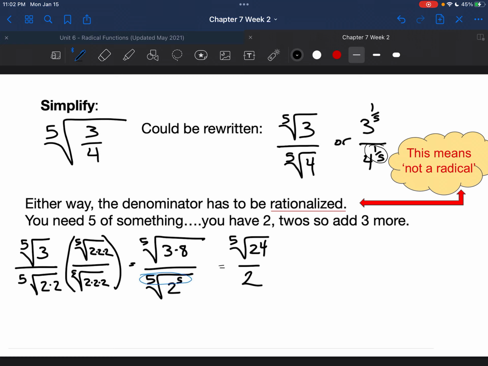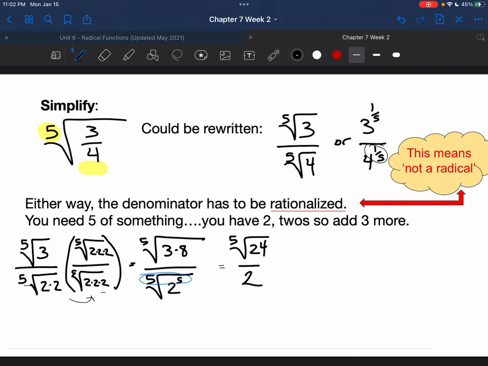So for this particular problem, our index is 5. It means that we need 5 of something. So I'm going to write out what we have. And on the bottom, I have a 4. So I really have 5 times the fifth root of 2 times 2. Well, I need 5 of them, and I only have 2 of them.